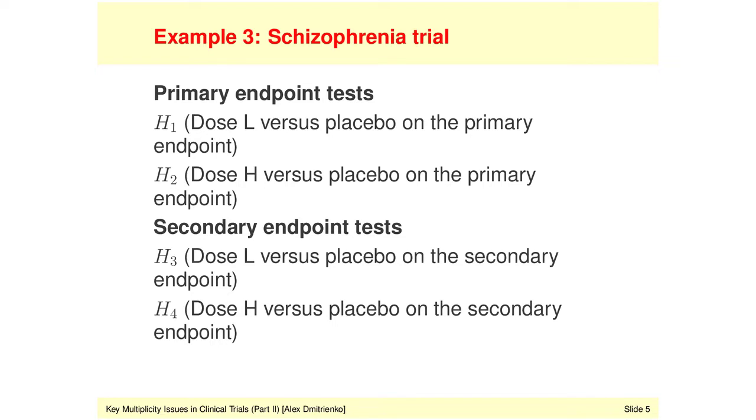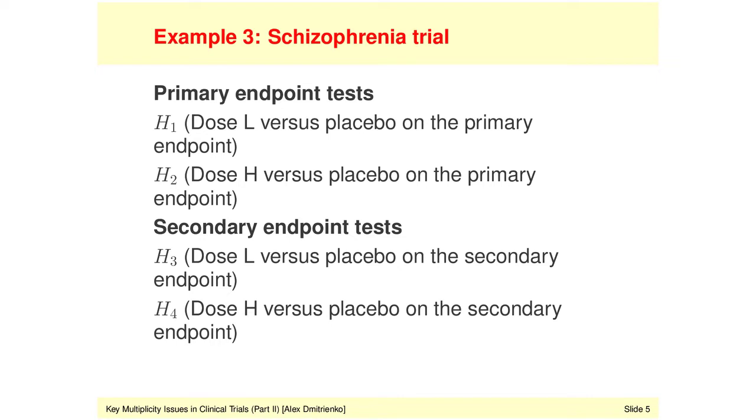The multiplicity problem arising in this clinical trial example is a bivariate multiplicity problem in the sense that there are two sources of multiplicity, and the resulting 4 hypotheses of interest based on 2 clinical endpoints and 2 dose placebo comparisons are grouped into 2 families as shown on the slide.